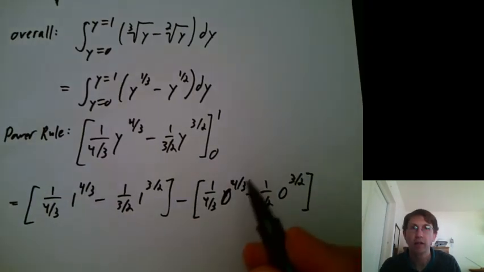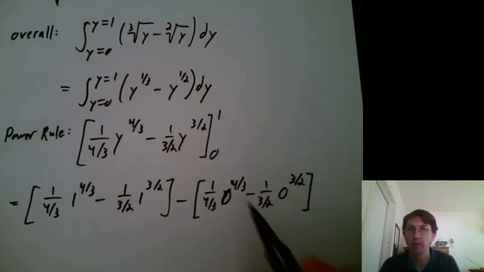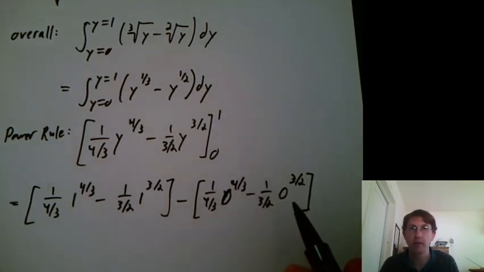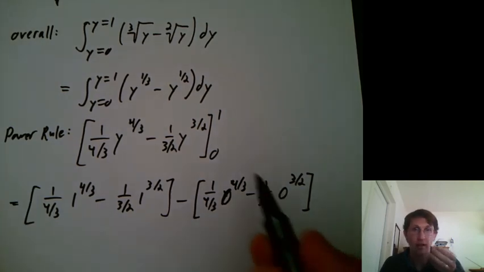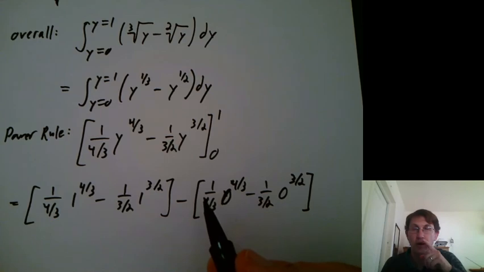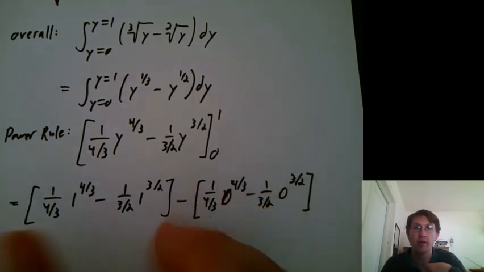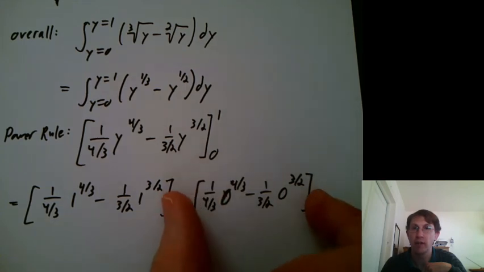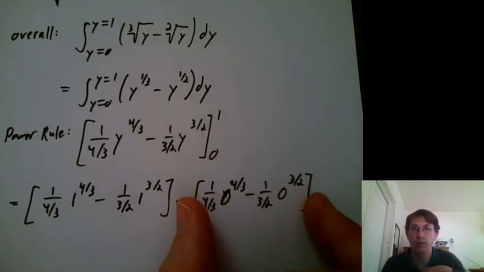Now, in this case, since this whole last term is 0, it doesn't really matter whether you have the parentheses or brackets there or not. But if we weren't plugging in 0, it would make a big difference. So it's another opportunity to remind ourselves that when you do big F of b minus big F of a, you have to have that big F of a in parentheses if it's more than one term.